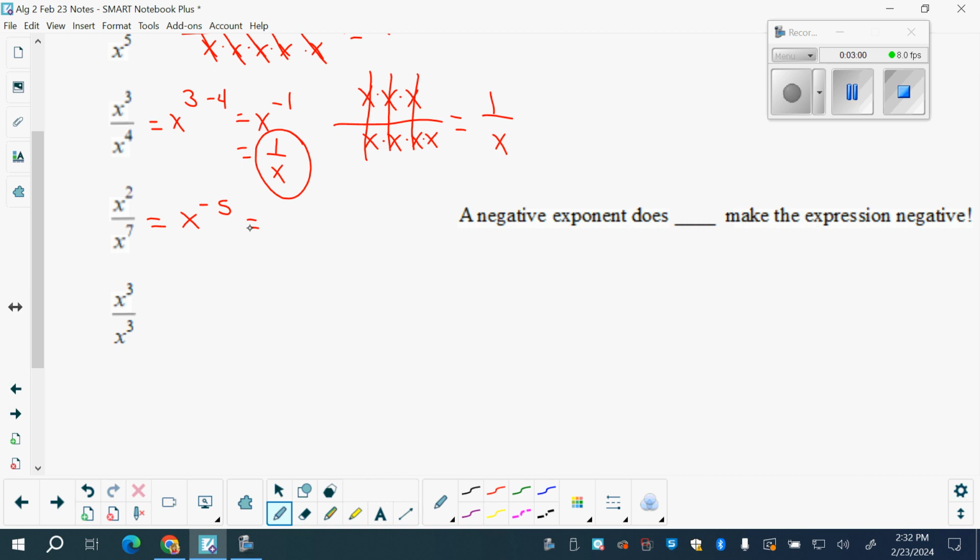Anybody else? Emma, take a guess. Emma P. But look what we did on this one. This x to the -1. 1 over x to the 5th. That's right. So it just goes down to the bottom, x to the 5th, and becomes positive.